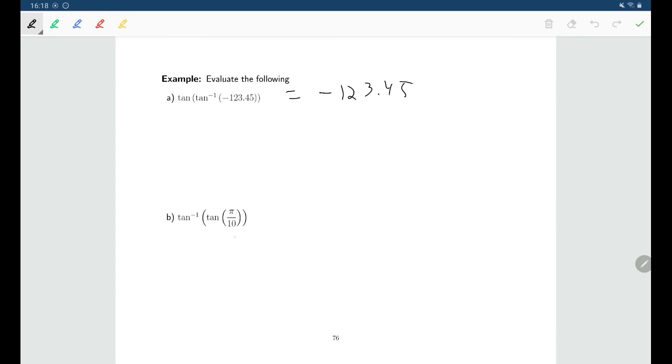For the next one, pi/10, that's in the domain of tangent, so tangent inverse and tangent will cancel each other out. That'll give me just pi/10.